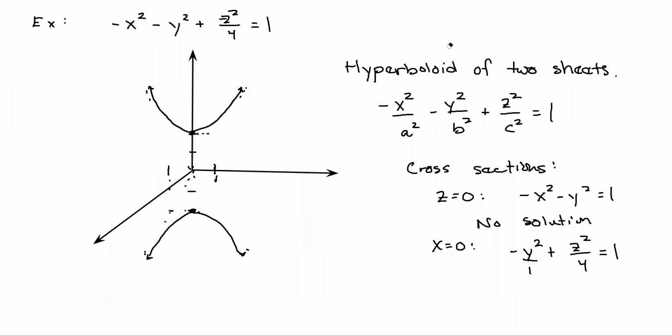Okay, let's go through and do the same thing for y equals 0. So if y equals 0, we get negative x squared plus z squared over 4 equals 1. So that's going to be the same thing, except we'll have our dashes on the x-axis instead of on the y. So we'll go here, and there's 1 unit in the x.